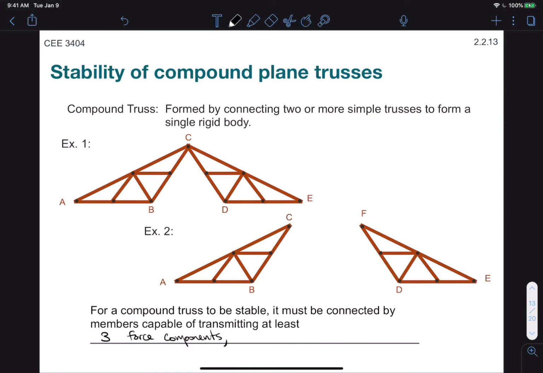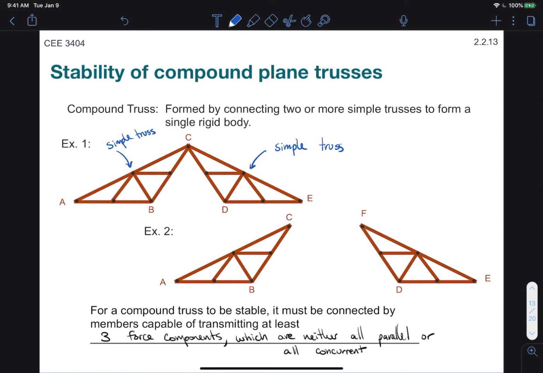And these force components must neither be all parallel or all concurrent. In case you don't remember what concurrent means, that is going through the same point. So let's look at 2 examples. Example 1, we have 2 simple trusses which have been joined at point C.